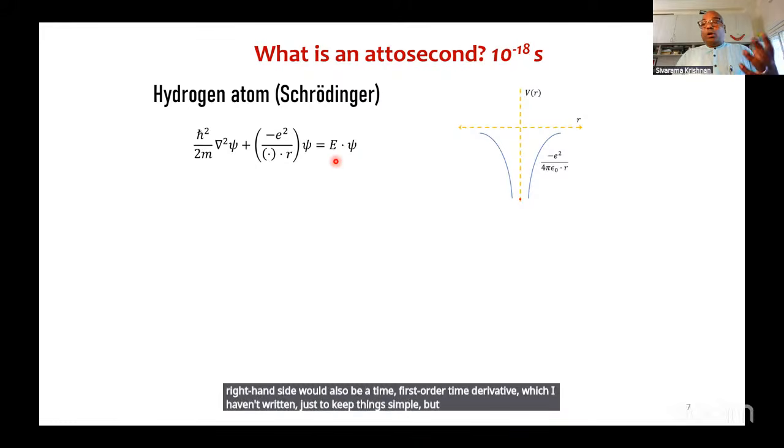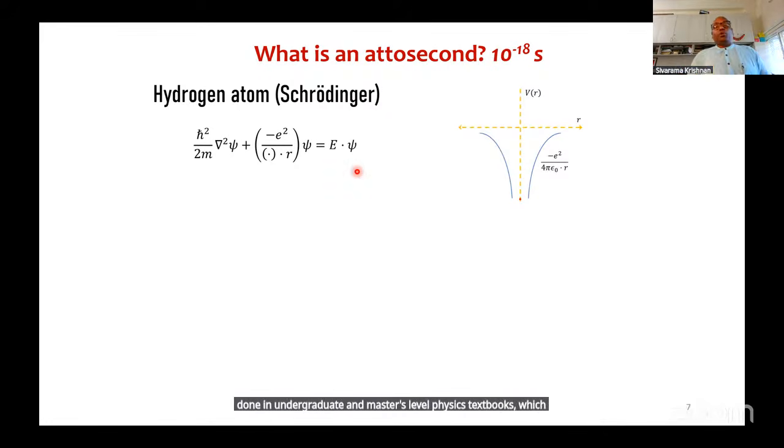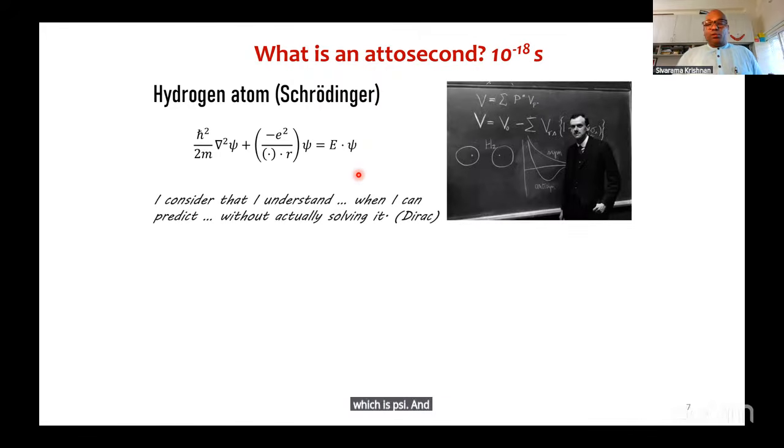But then, in order to solve this so-called problem of the hydrogen atom, often done in undergraduate and master's level physics textbooks, which only need you to know calculus and differential equation solving, we need to solve for this wave function, or the solution, which is psi, and one needs to proceed further.